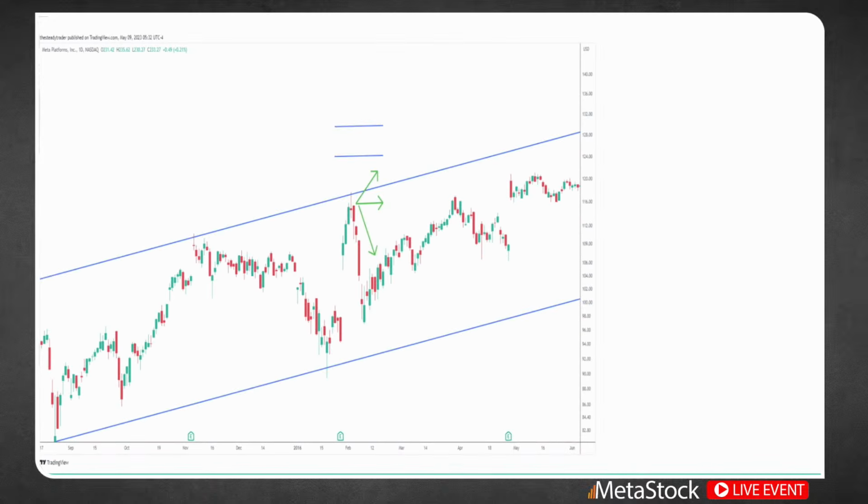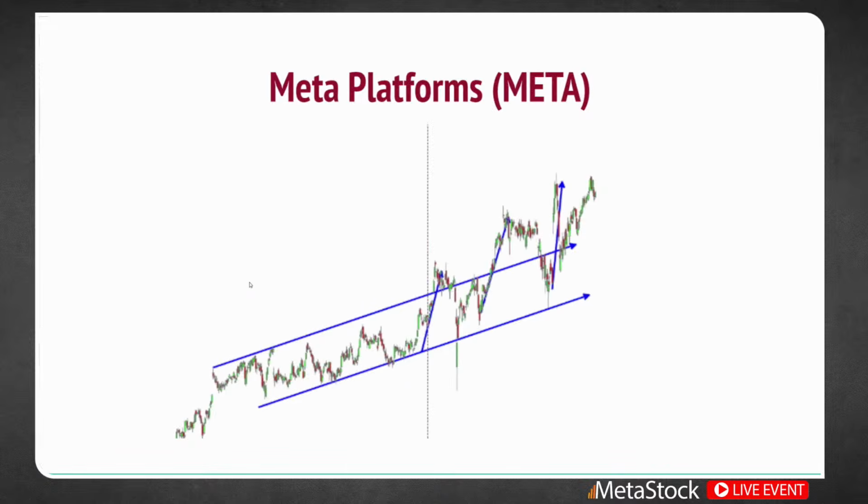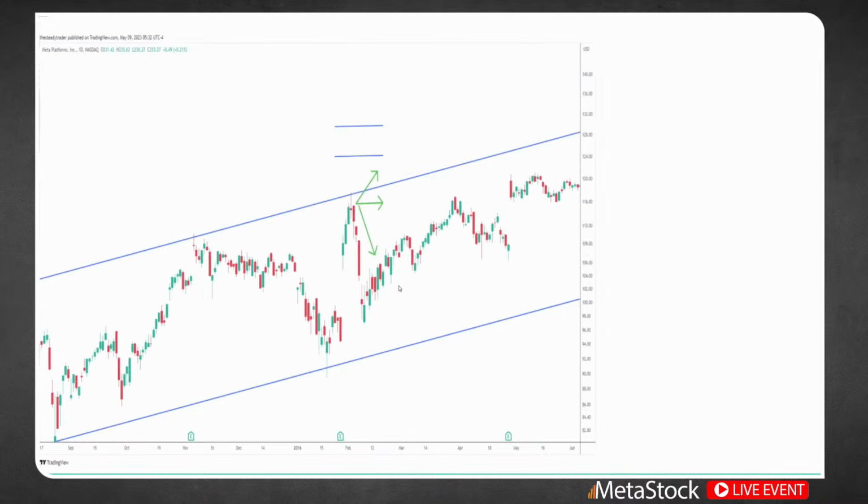And so what I'd like to show you is an example. This is the same exact chart, by the way, that I showed you on the previous slide. I'm just able to show this a bit better here. We had the situation where Meta once again rallied to the upper end of its trend, and then the stock basically ran into resistance.